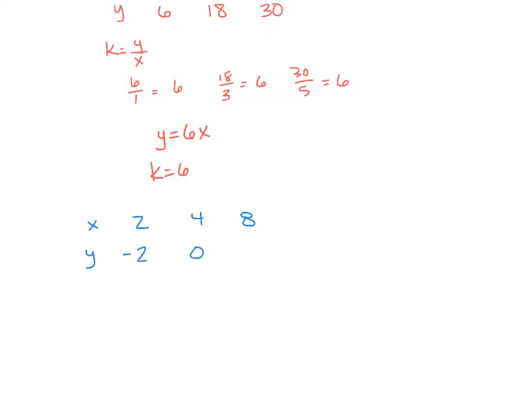2, 0, and 4. And we are looking and we're saying k equals y over x. Okay, so we go negative 2 over 2 equals negative 1. We got 0 over 4 equals 0. And we got 4 over 8 equals 1/2.